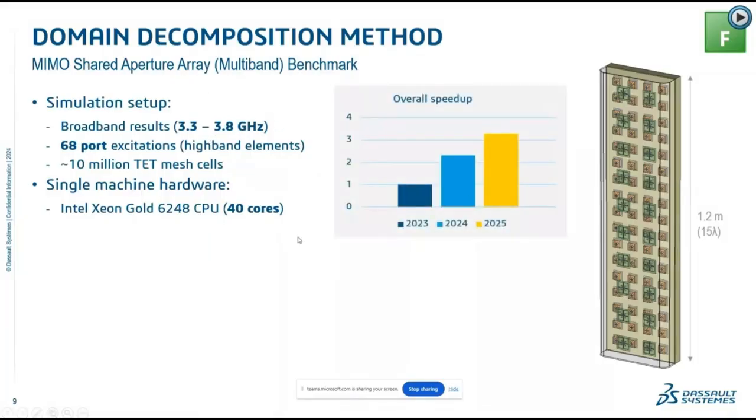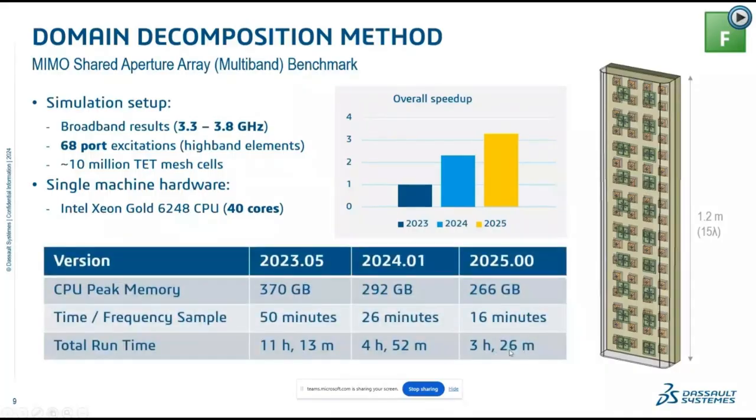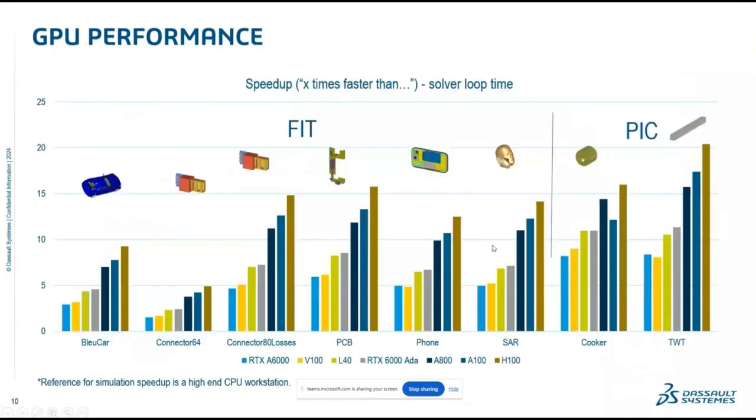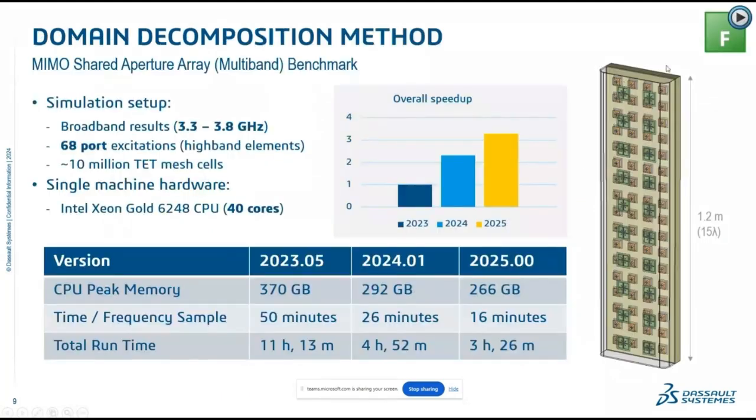This is being solved in around 3.5 hours in the latest software version, which is not possible with the classical finite element method or the previous versions of the software, right? But not only that, you can also utilize GPU acceleration for the domain decomposition method. Of course, you can also send this particular model to multi-node MPI, which is also supported by the domain decomposition method.